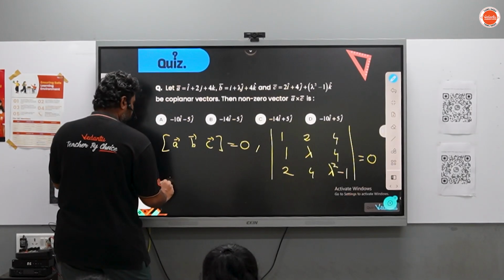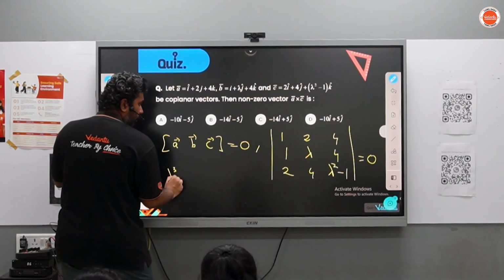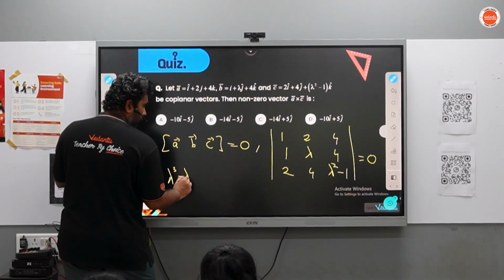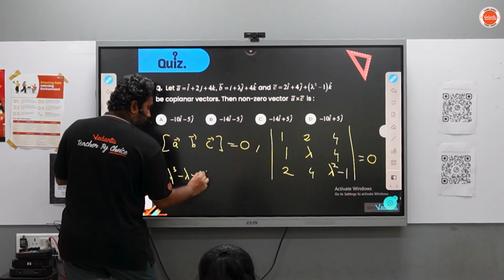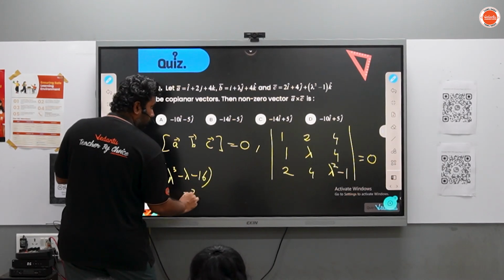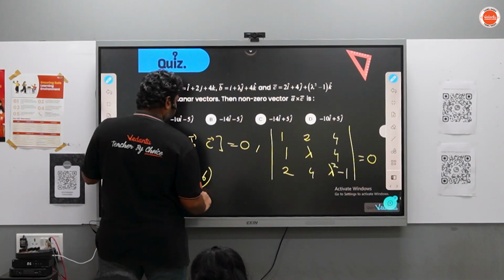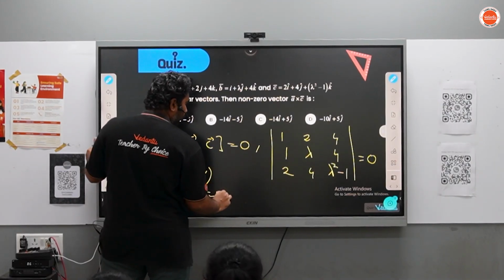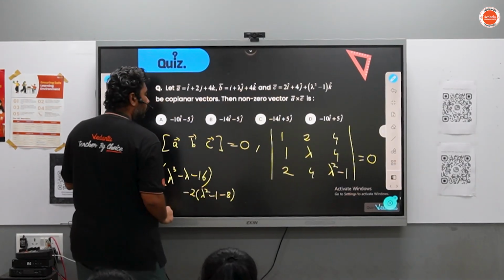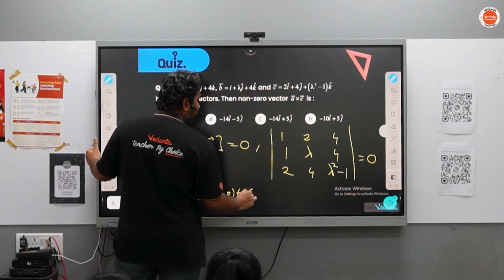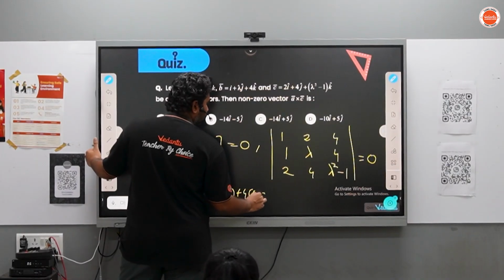So after expansion you will be getting lambda cube minus lambda minus 16, minus 2 times of lambda square minus 1 minus 8, plus 4 times of 4 minus 2 lambda.